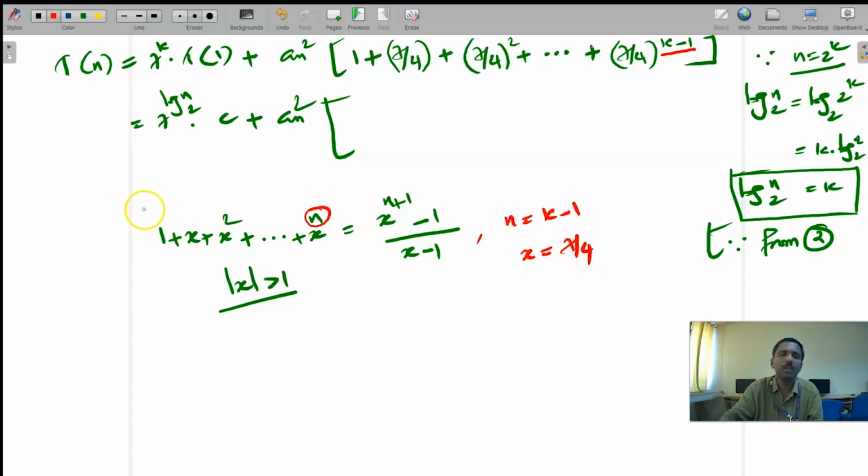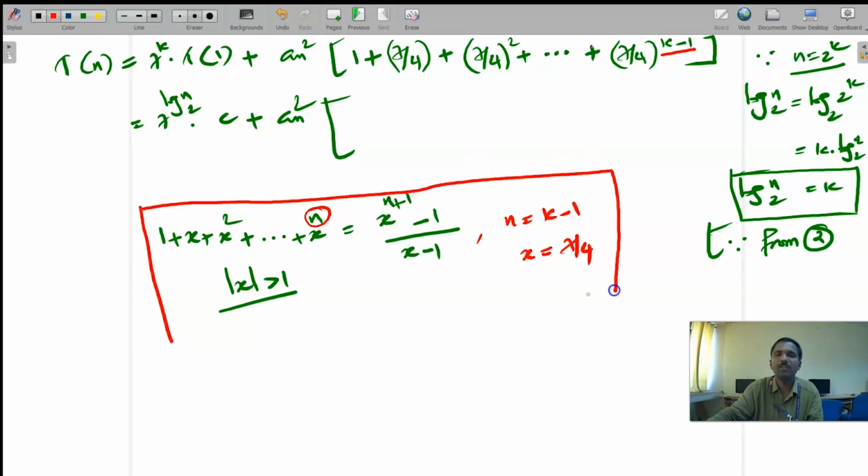So replacing this geometric series result into the current place here, we can write this as x power n plus 1 minus 1. What is x? x is 7 by 4, 7 by 4 whole power n plus 1.